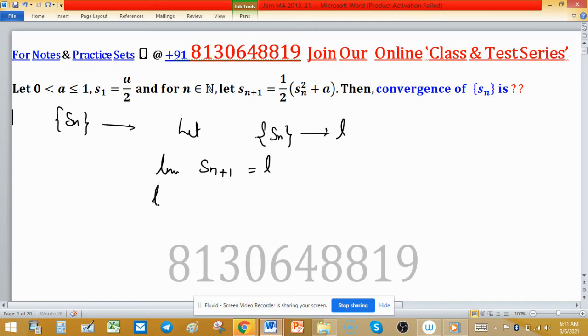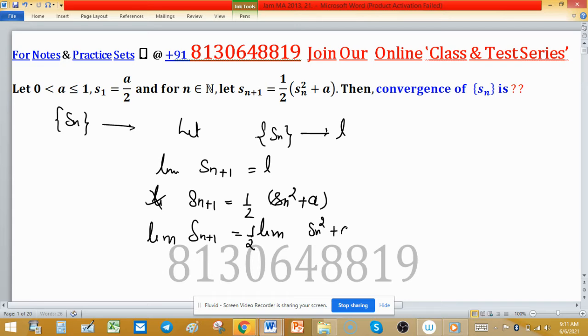So Sn plus 1 is equal to half of Sn square plus a, and taking limit on both sides. So limit of Sn plus 1 is equal to limit of, or you can take half outside because it is free from n, Sn square plus a.